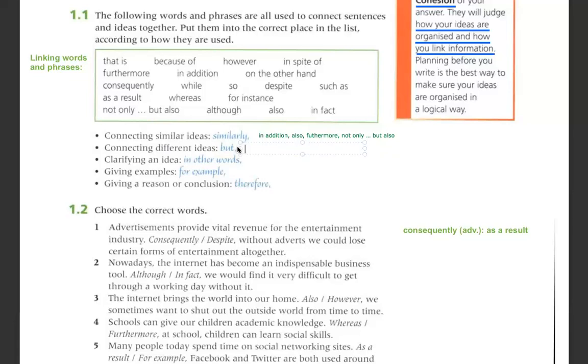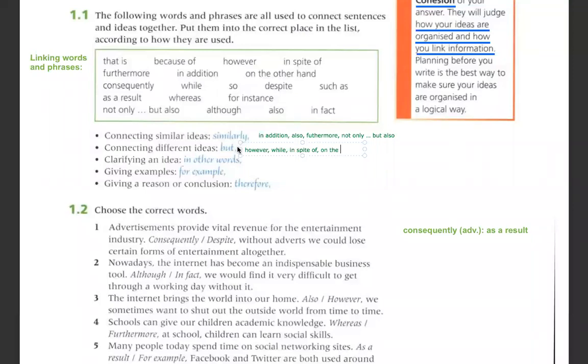This is contrasting ideas. So anything that has a similar meaning to but, and there's quite a lot of them. However, while, in spite of, okay.